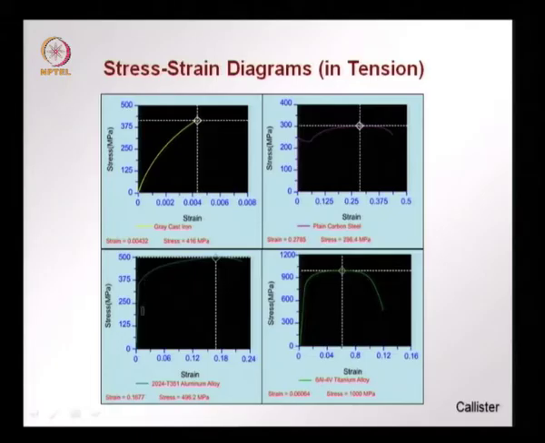There is a transition from the linear elastic to the final strain hardening and failure through a curved region. There is no definite yield point followed by a flat region and then strain hardening, but there is a smoothly increasing curve until the peak is reached, in this case at about 500 megapascal, and then we have failure. This is for an aluminum alloy.